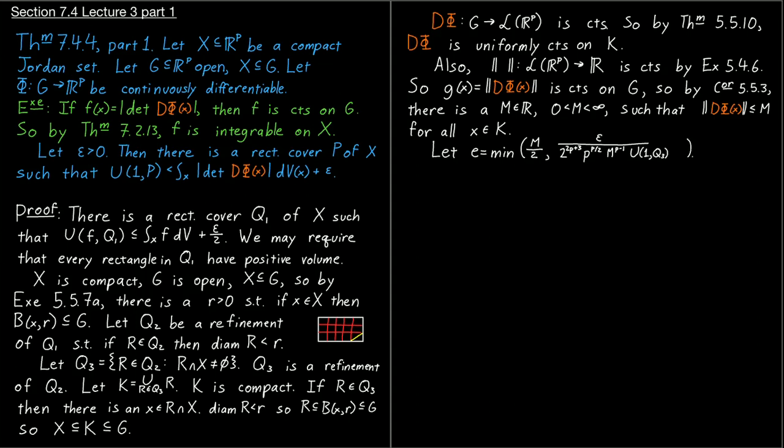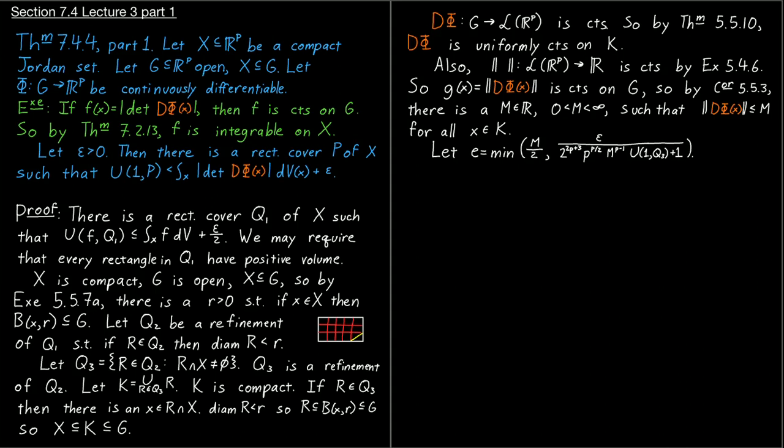So we've got epsilon over 2 to the power of 2p plus 3. That's 2 to a power depending on your dimension. Then p, your dimension, 2p over 2. Then your constant m, your upper bound on the d phis. Then there's the upper sum of 1 over the rectangular cover Q3. Why don't I go ahead and add a 1 just to be absolutely sure I'm not dividing by 0 here.